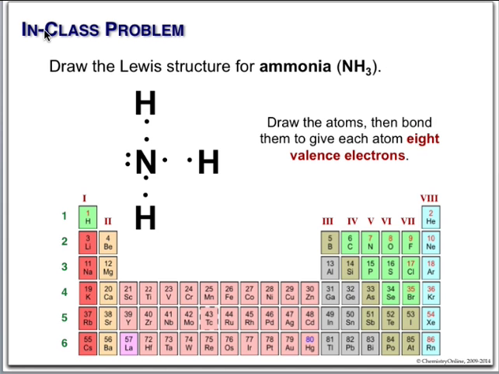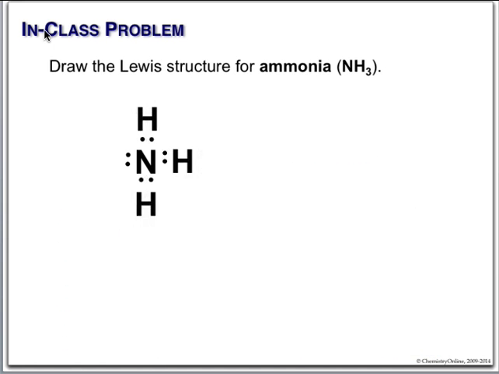All right, so we have our 1 nitrogen here with 5 electrons. We have 3 hydrogens. Step 2, we're going to scooch them together. When we scooch them together, we can clearly see that we can form a bond here, a bond here, and a bond here. This is our unshared pair of electrons.